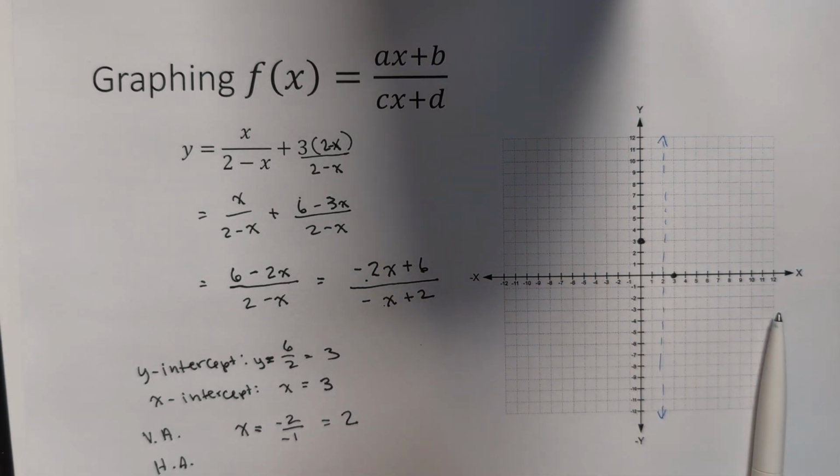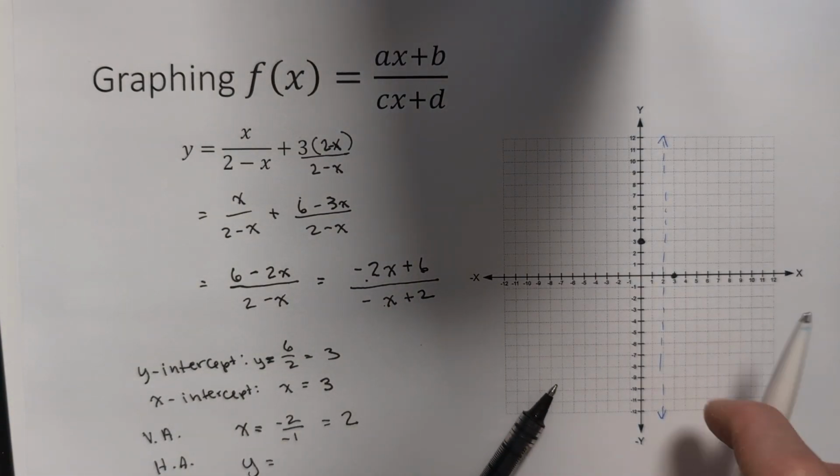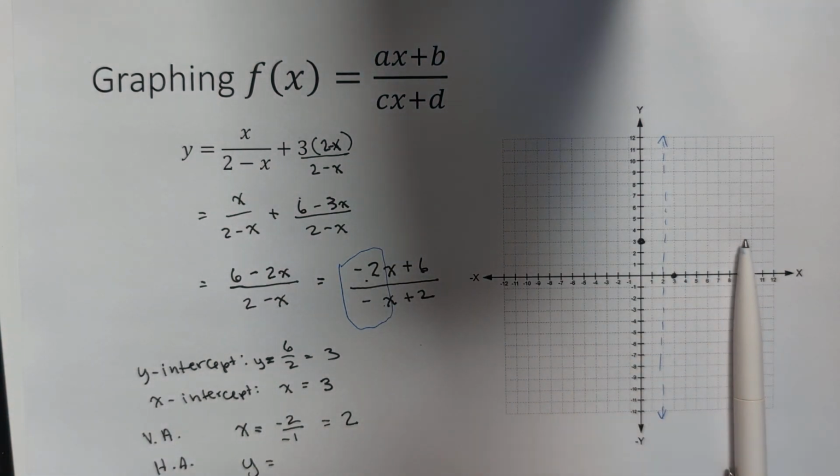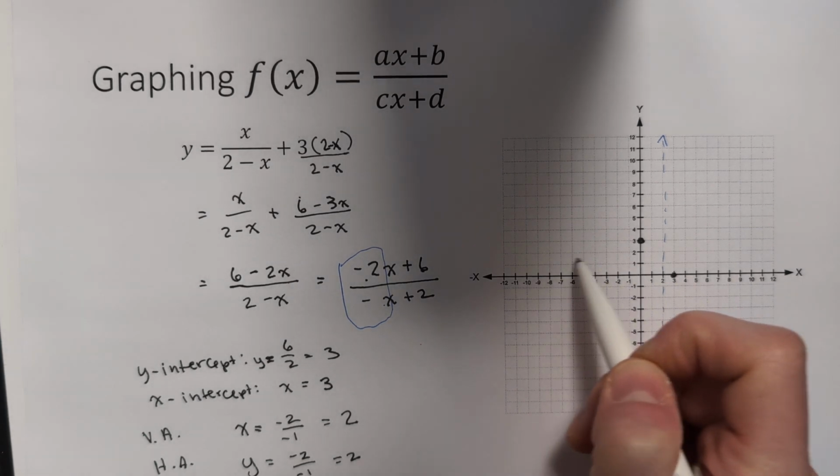We can't kind of go there. And then the horizontal asymptote is going to be at y equals a over c. And a nice little trick you could do is just do this. Y equals negative 2 over negative 1 also. Y equals 2.